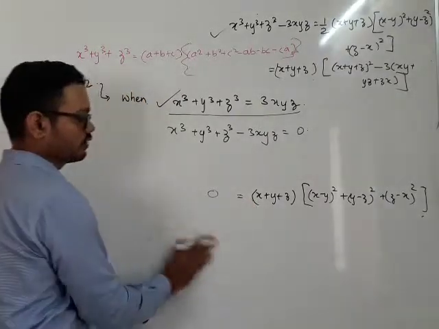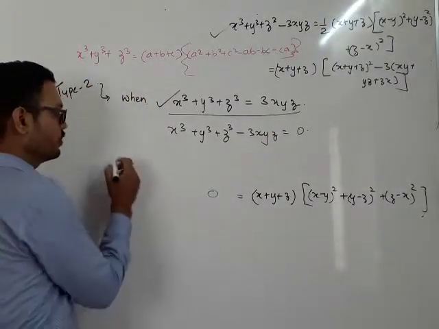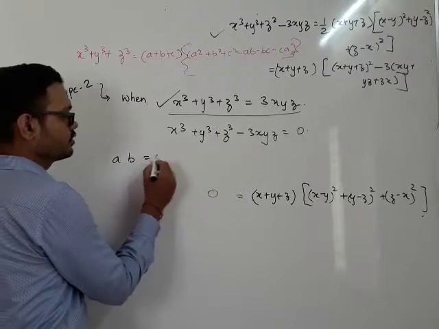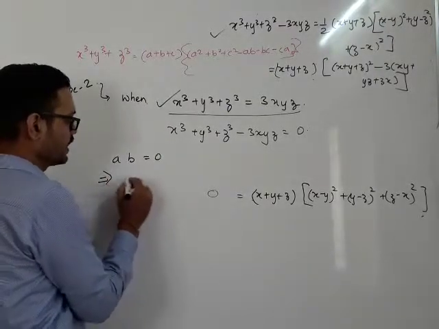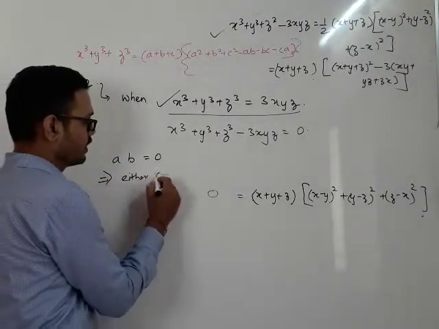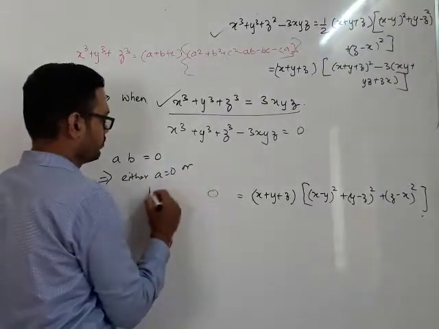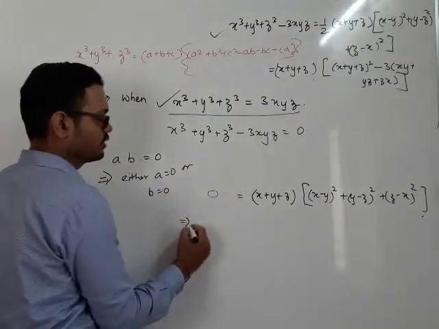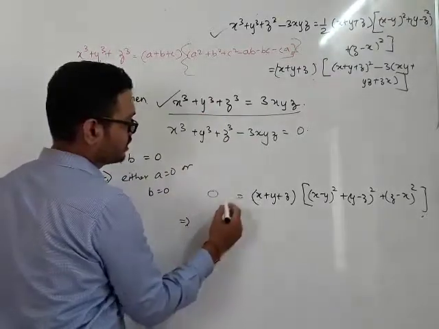The 2 will come here, that will also become 0. When do we say a into b is 0? It implies either a is 0 or b is 0.